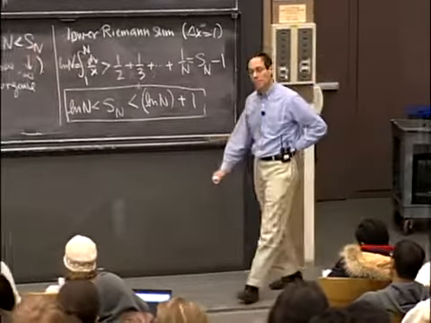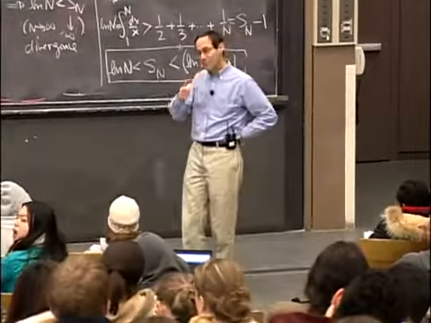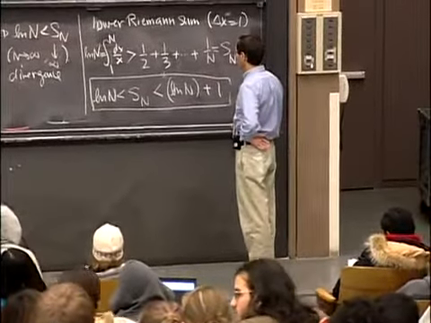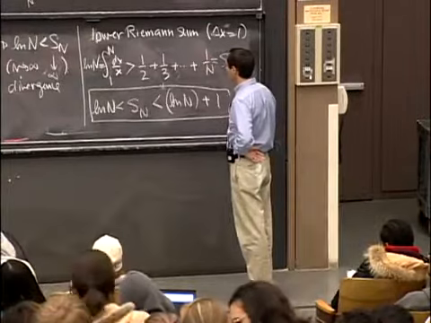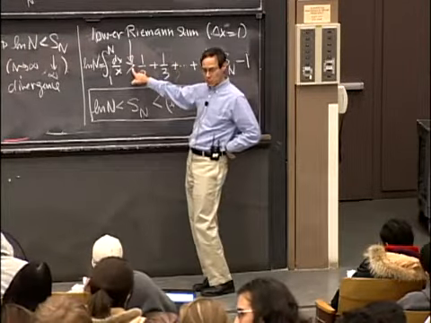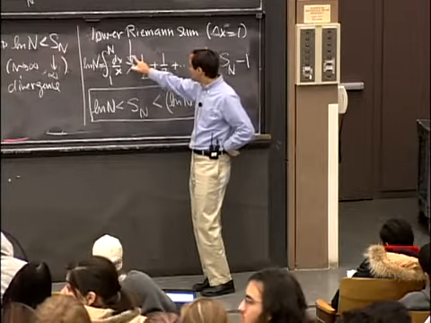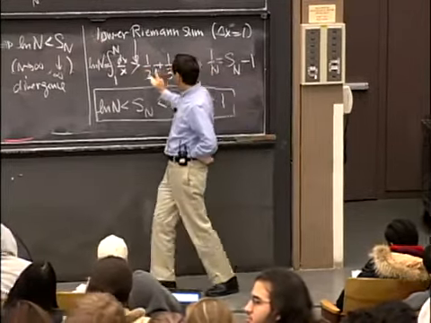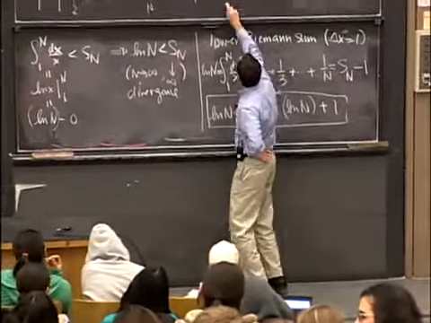Yeah, question? How did you set up this last inequality, with that integral being greater than Sn minus 1? How did you know it's greater immediately? This step here is the step that you're concerned about. So this step is a geometric argument which is analogous to this step.